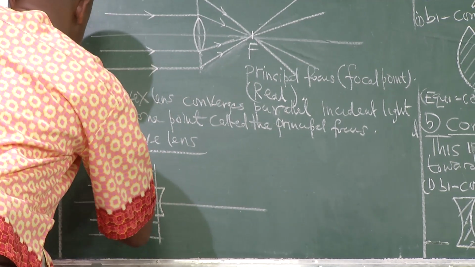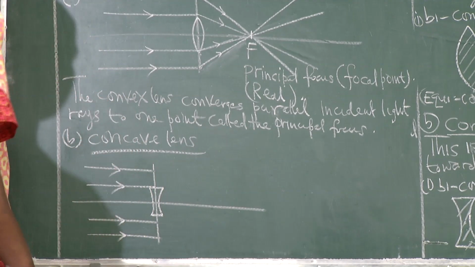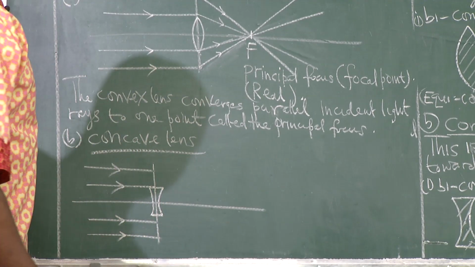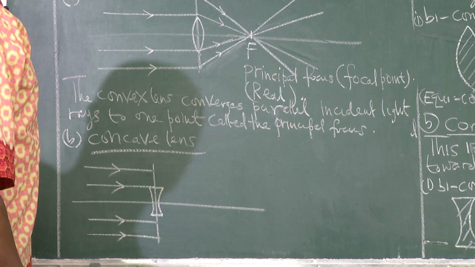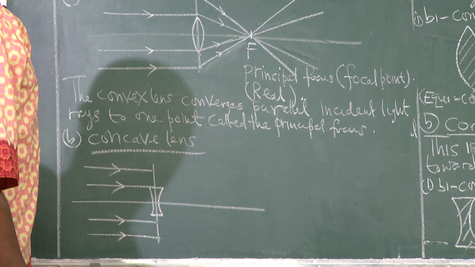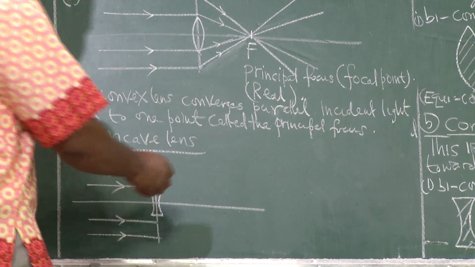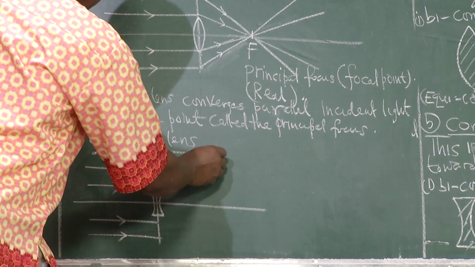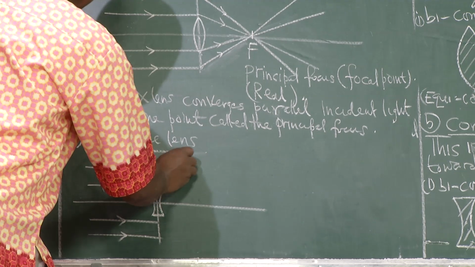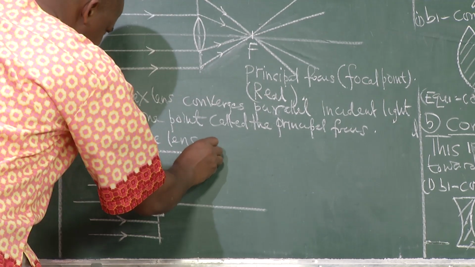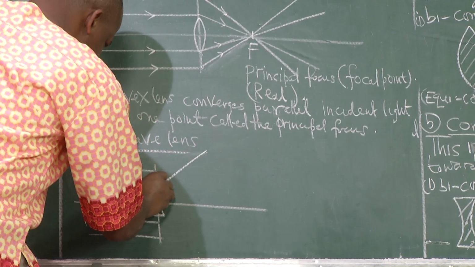The principal axis is the line that passes through the center of curvature and the optical center, which we are going to talk about next. This type of lens refracts light, diverging it away.